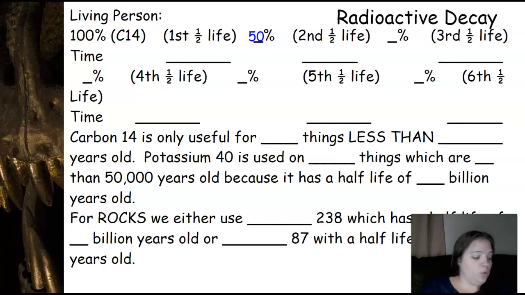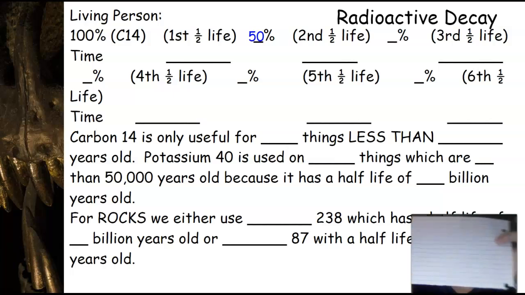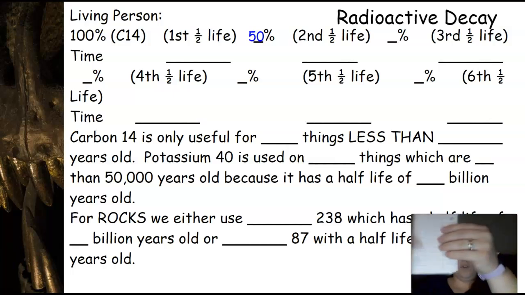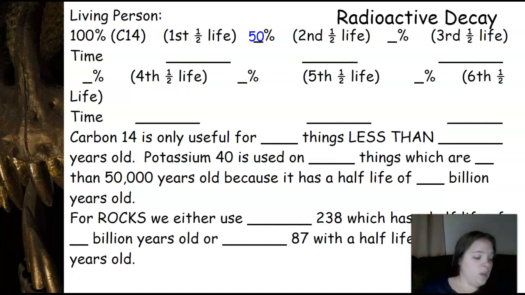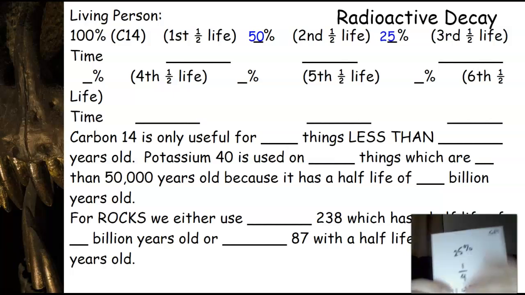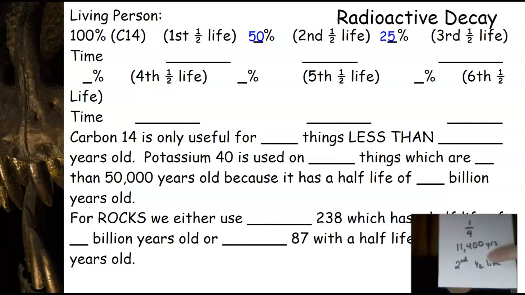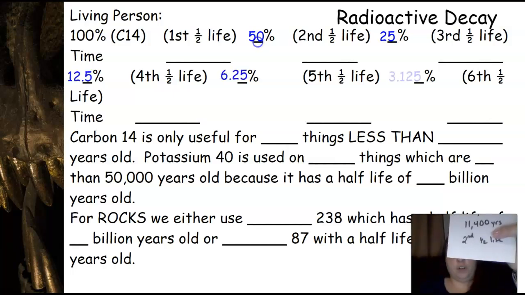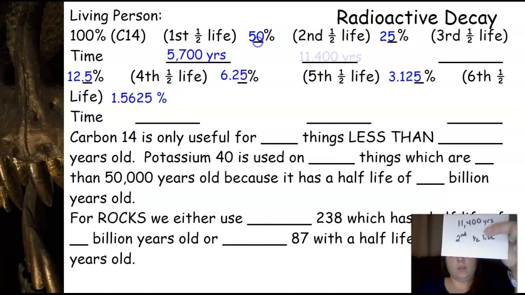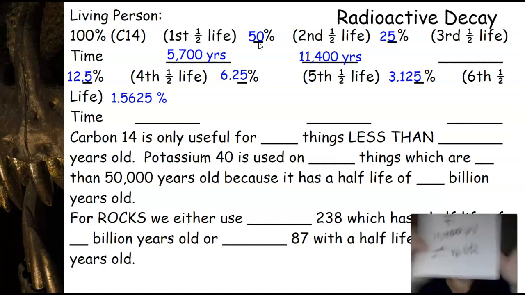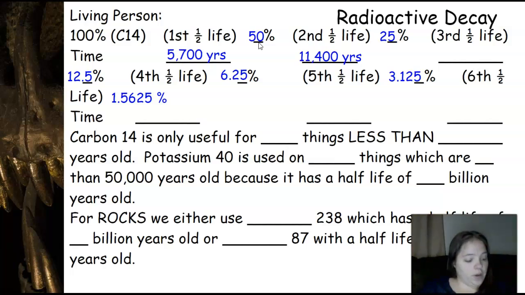I would like you to take the sheet that you didn't use, fold it in half, and cut it. Then you're going to write 25%. Well, at 25%, that's going to be a quarter. 11,400 years. It's your second half-life.